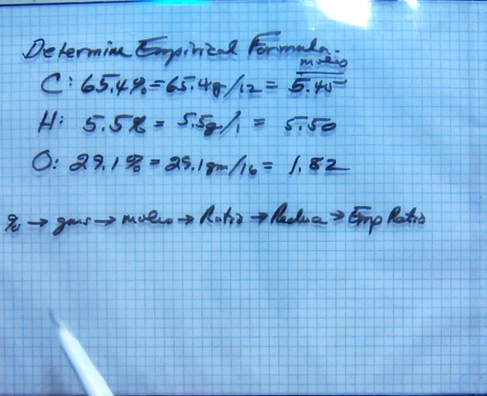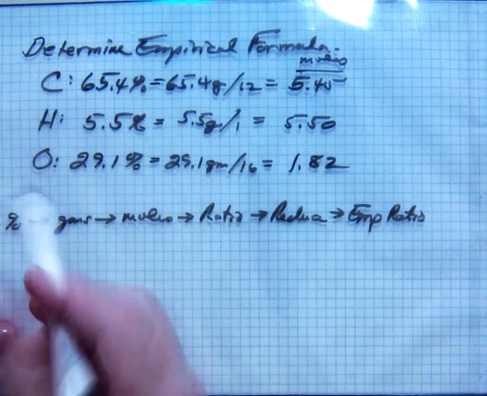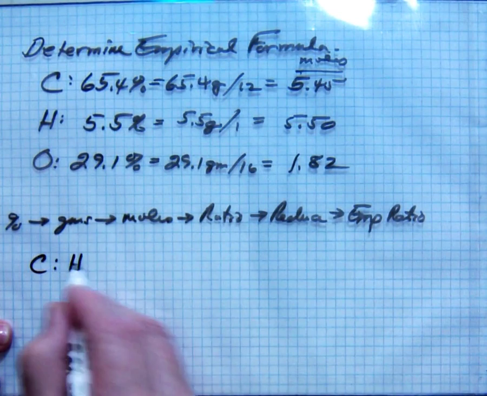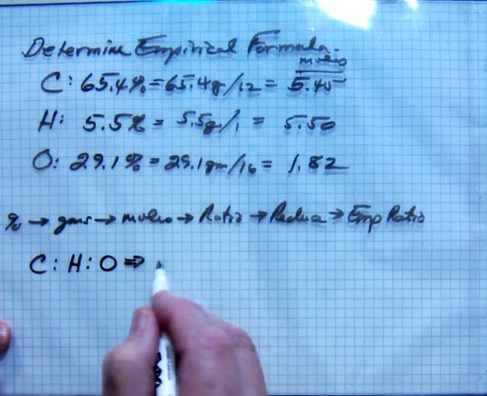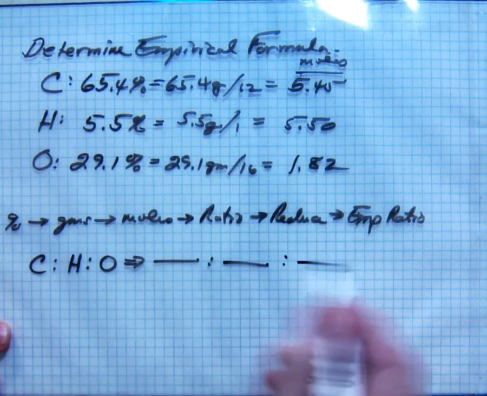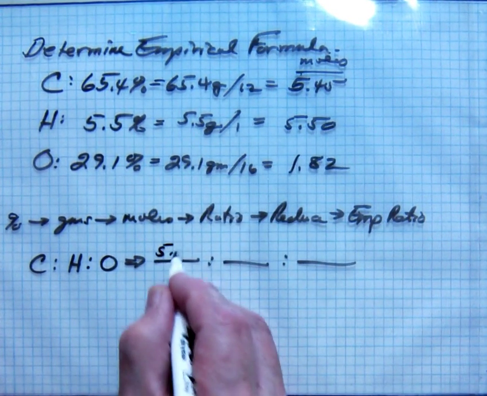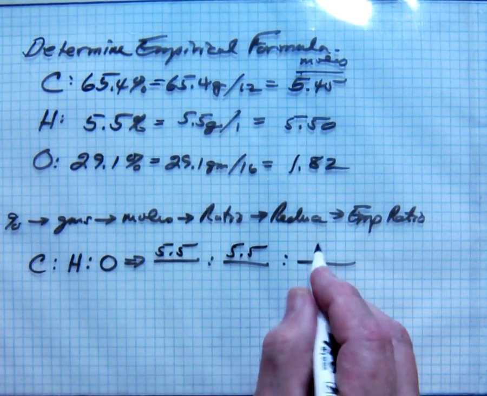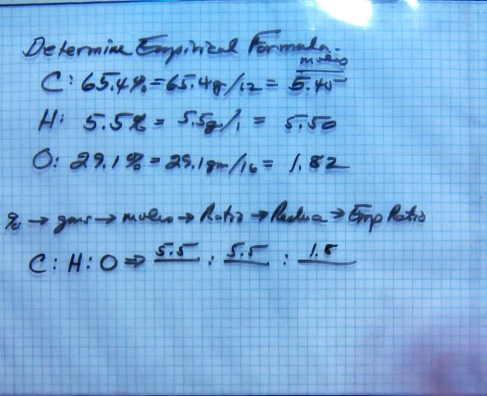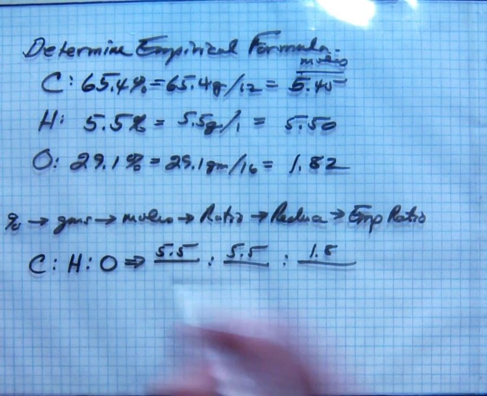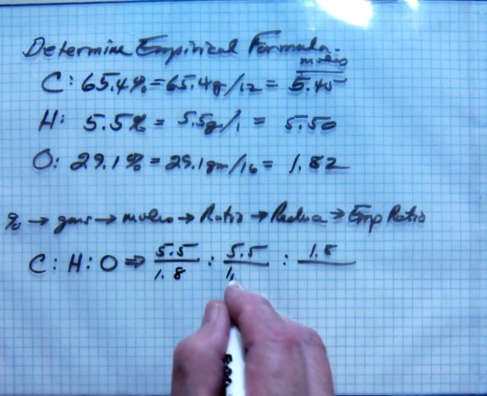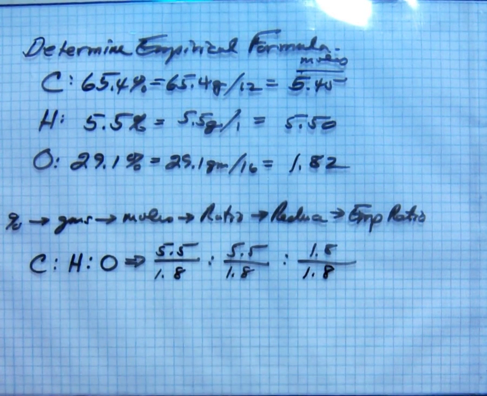Now what we want to do is come down here and set up a ratio, which we can reduce to the empirical ratio. So we'll go carbon, hydrogen, and oxygen. This would give you 3 lines this time. Putting your moles in, I'm going to round this one to 5.5 and 5.5 and 1.82 if you want to do that. Dividing by the smallest. Now sometimes you will get only a fraction.